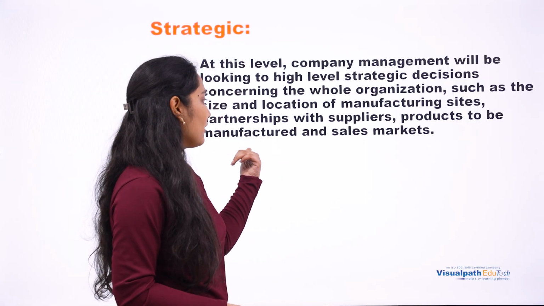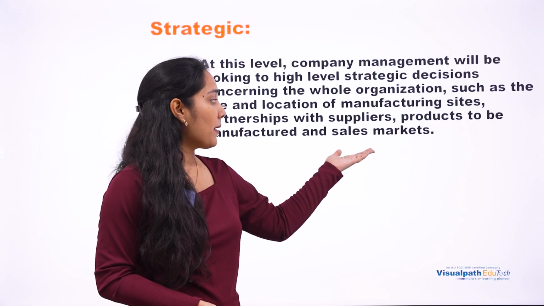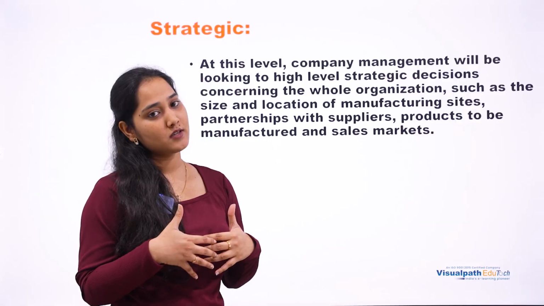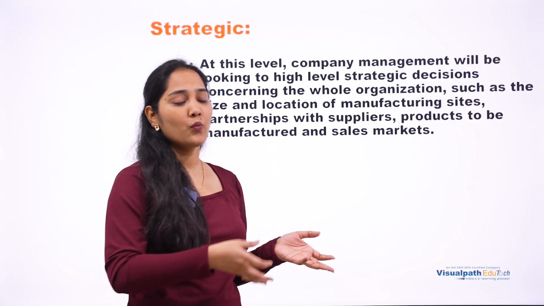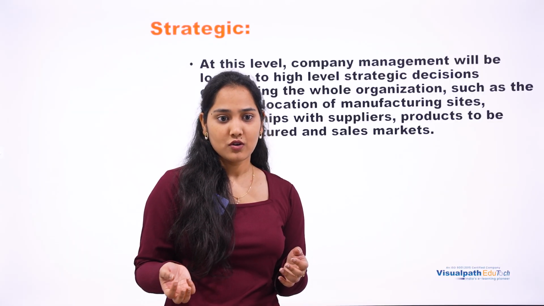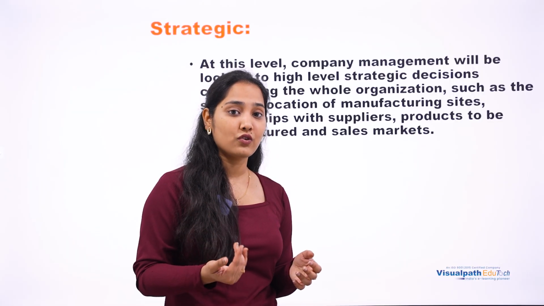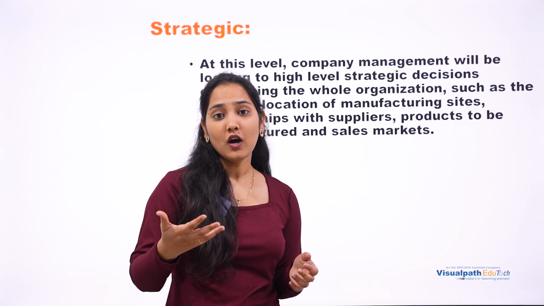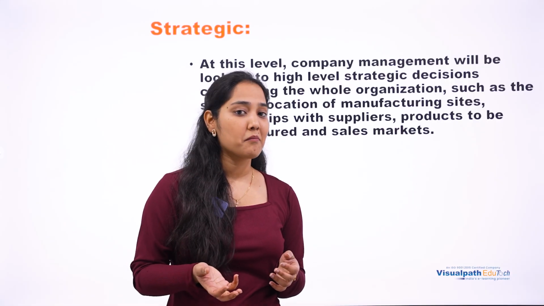Then products to be manufactured and sales markets. Once my product is manufactured, I should also understand which sales departments and distribution departments it should go to. There also I need to build trust, because I don't want anybody destroying my company's name.